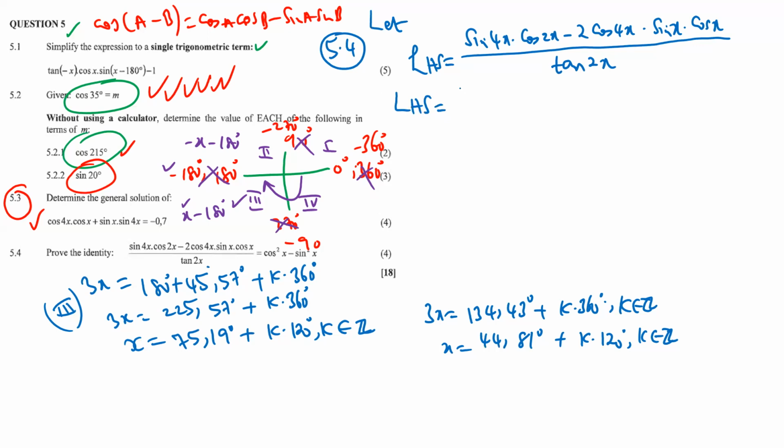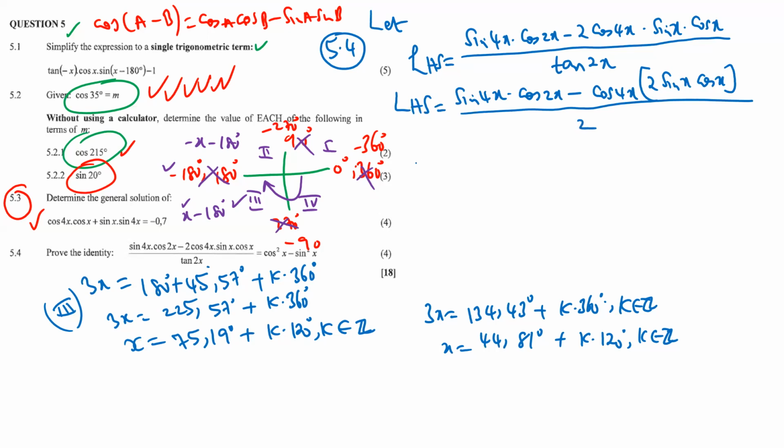So this is sine 4x cosine 2x minus cosine 4x times 2 sine x cosine x. I just pushed the 2 into the brackets.